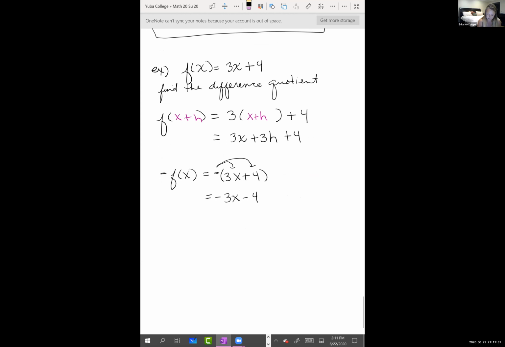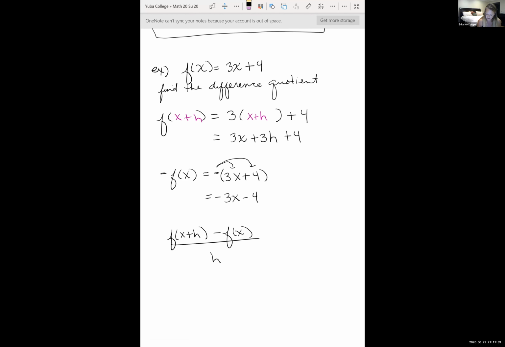Okay, so now we can put it all together. So it wanted us to find f of x plus h minus f of x all over h. So we have this piece here, this f of x plus h, we had found to be this 3x plus 3h plus 4.